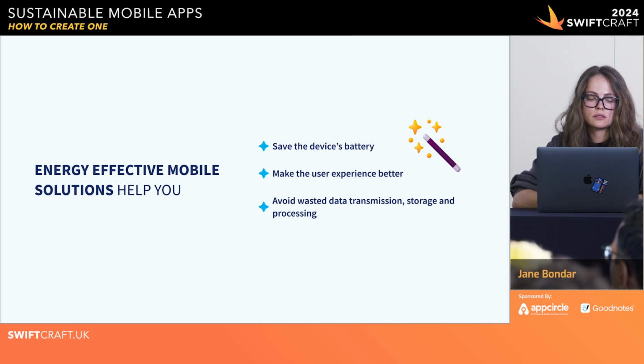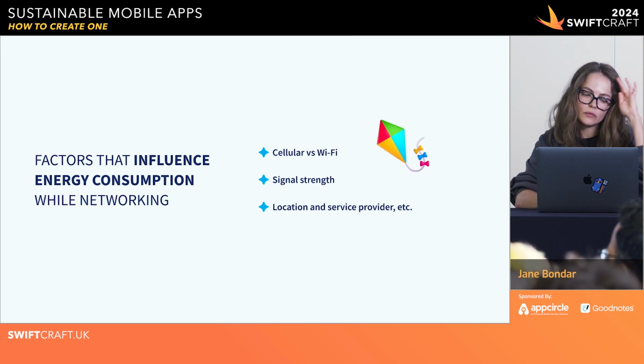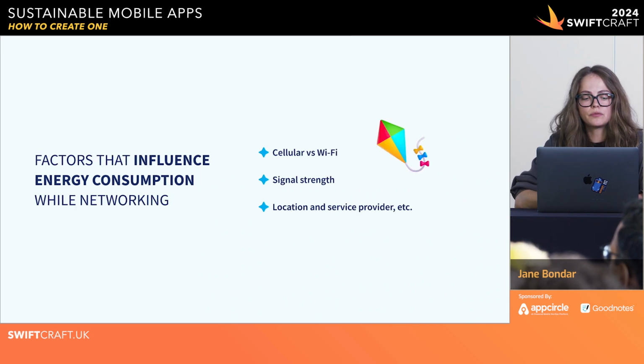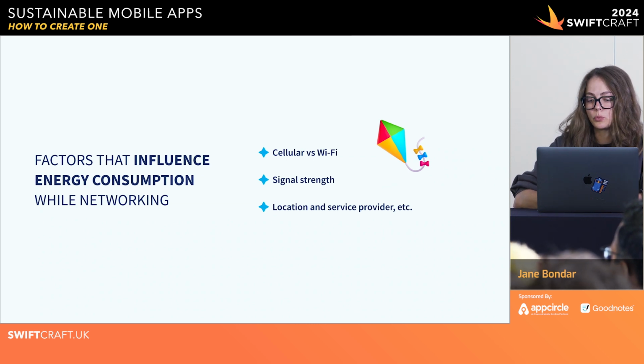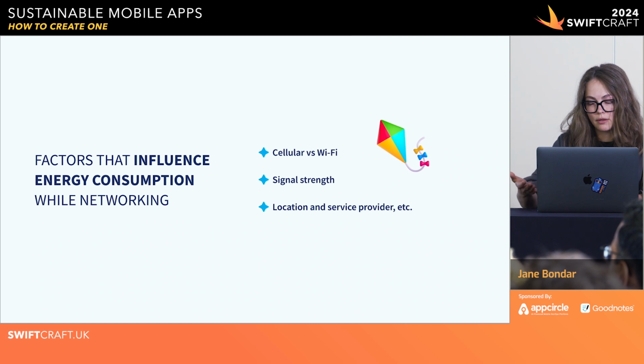The final point introduces us to another broad topic, mobile network optimization. Performing network operations in your app incurs energy costs. This is because networking hardware like cellular and Wi-Fi radios need to be powered up for the operation and stay active for some time after, draining the battery.